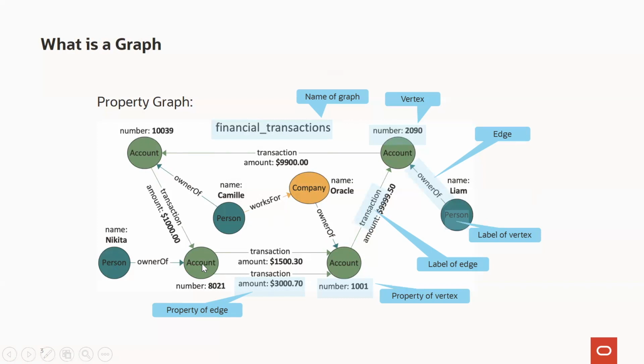So we have Nikita as a common contact between the two accounts that links them in the transaction, and finally that transaction comes back to the person who initiated it.